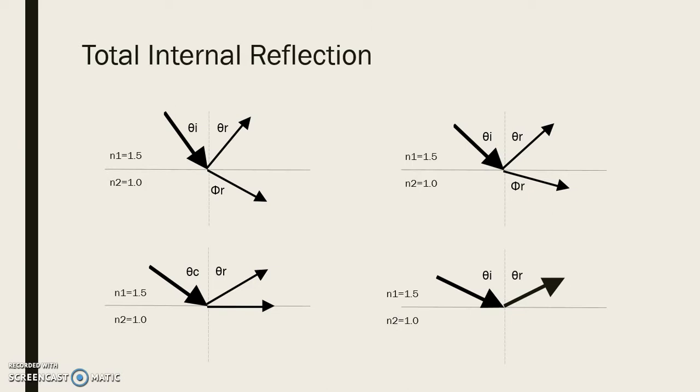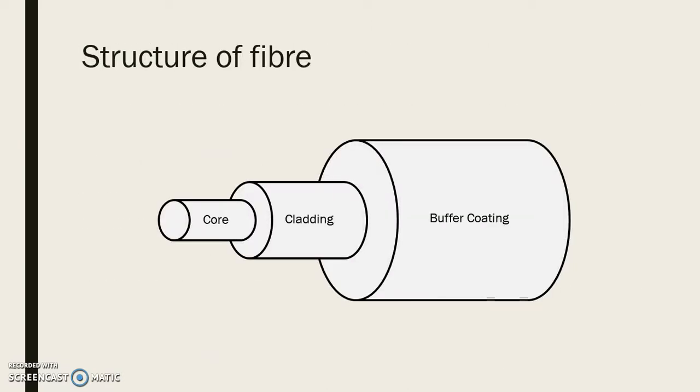So now that we have understood total internal reflection, let's see how the light is guided. In the case of the fiber, you have a core with a larger refractive index compared to the cladding. When light strikes the core, if the incident angle is greater than the critical angle, then total internal reflection takes place and the light is guided through the fiber.